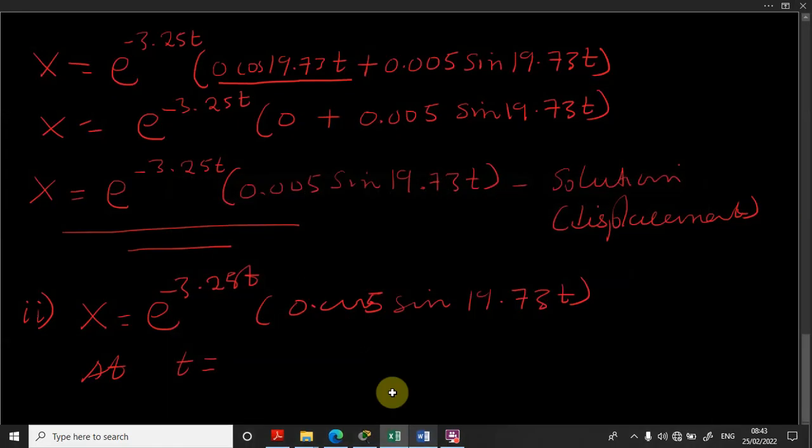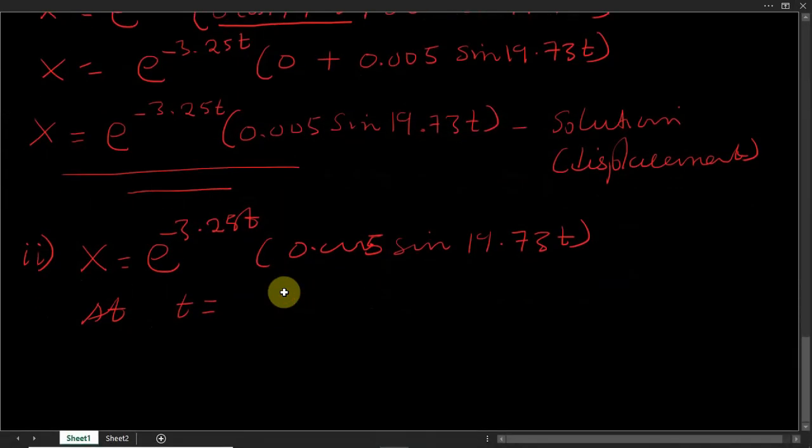At t equal to 2 seconds, our displacement x becomes e to the power of negative 3.25 times 2, where the t here becomes 2 because t equals 2 seconds.